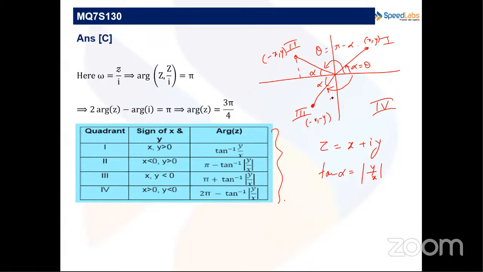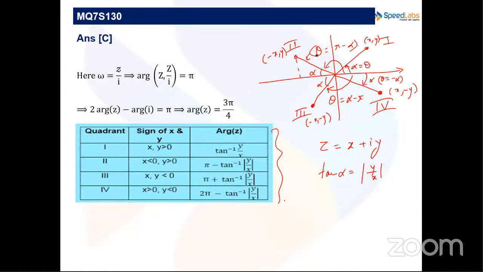So the argument theta is found by going in the clockwise direction, and when moving clockwise you take the argument to be negative. So that is alpha minus pi. And if you are in the fourth quadrant, the point is x comma minus y. In this case this will be alpha, but our theta will be equal to minus alpha.